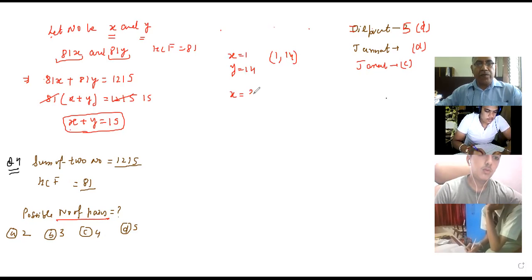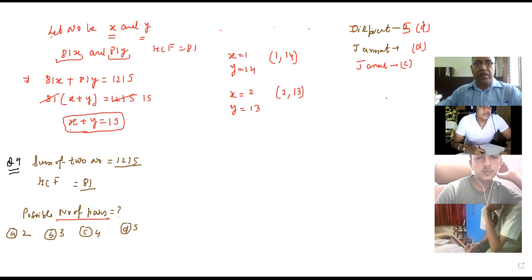X की वैल्यू मैं 2 कर दूं और Y की वैल्यू 13 कर दूं. So can we also say X value we can put 10 and Y also 5? Yes, you can put.